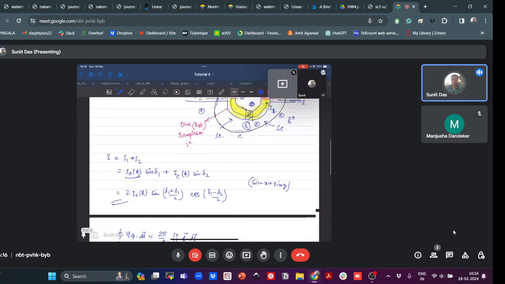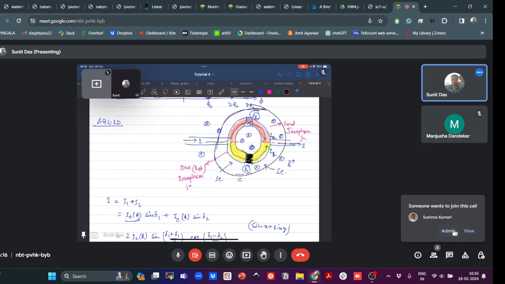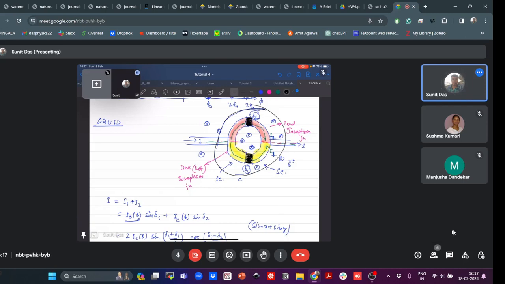So phi prime is the magnetic flux passing through this particular area, which is the Josephson junction area. We have considered that this area is basically the same in both the upper and lower Josephson junction, since two identical Josephson junctions are merged to form a squid.